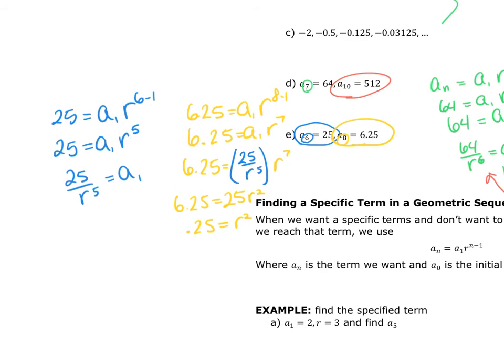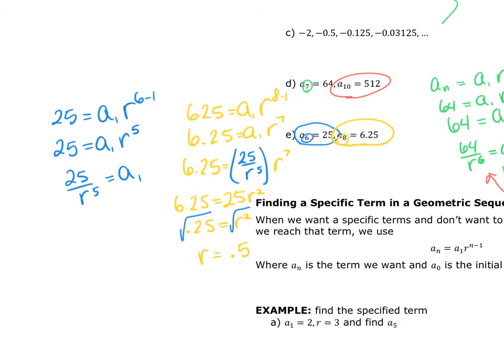When I take the square root of the left-hand side, I should put the plus and minus on. But I'm not going to, because my ratio is going to be positive. So I'm not going to put the plus and minus. I'm going to just take the positive. So I take the square root of 0.25 and I get 0.5. So my ratio here is 0.5.